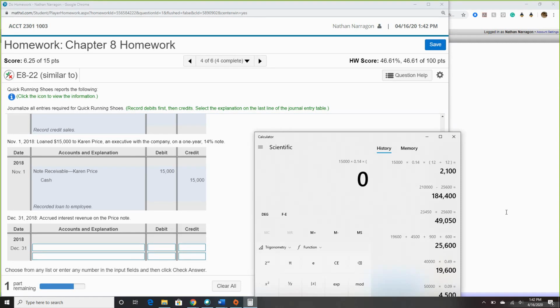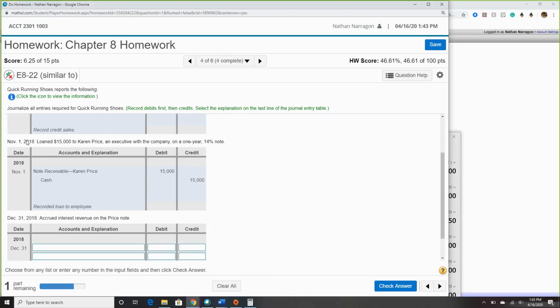Okay? But, I cannot just take 1 month. Because look at when the note started. It started on November 1st. So I have November as a complete month, and then I go to December 31st. So I actually have 2 months here. Okay?